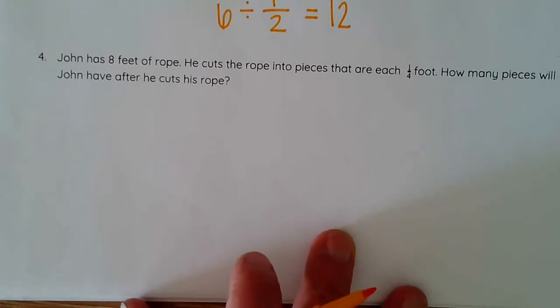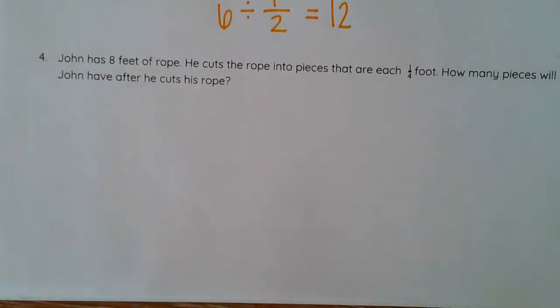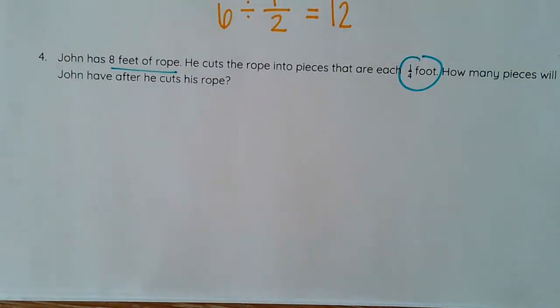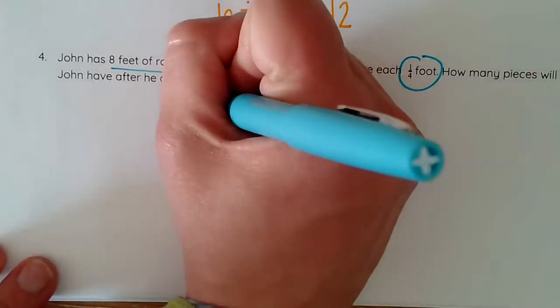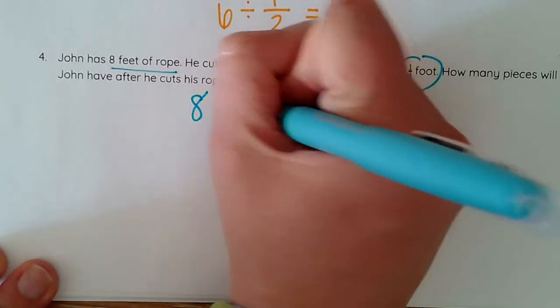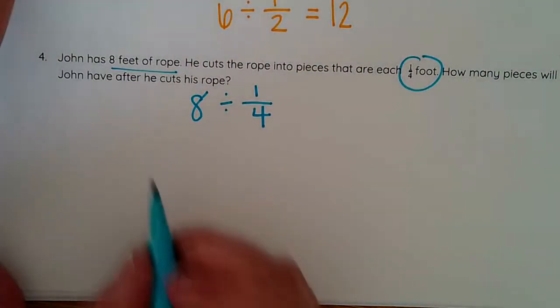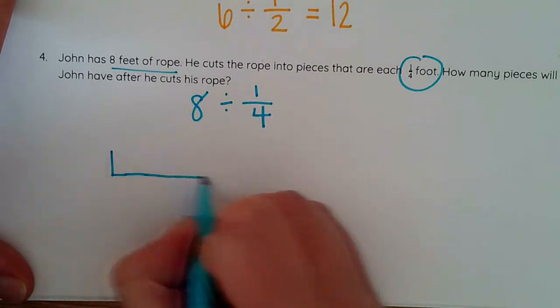Okay, last one. We've got John has 8 feet of rope here. And then he is cutting that rope into 1/4 foot pieces. Okay, so we've got 8 divided by 1/4. And here I'm going to draw my rope this time. So I've got 8.